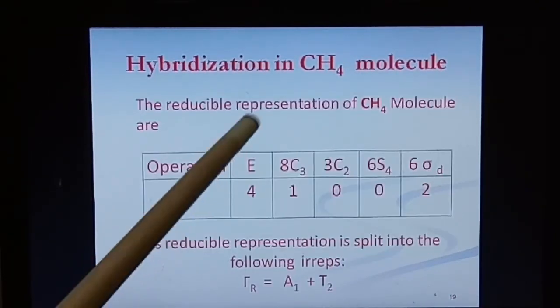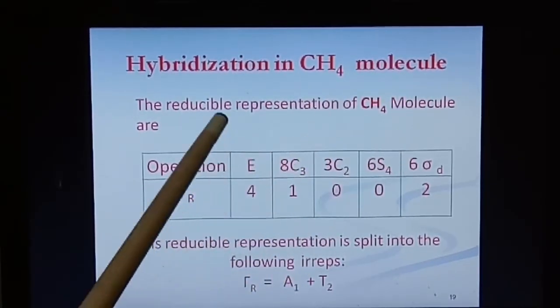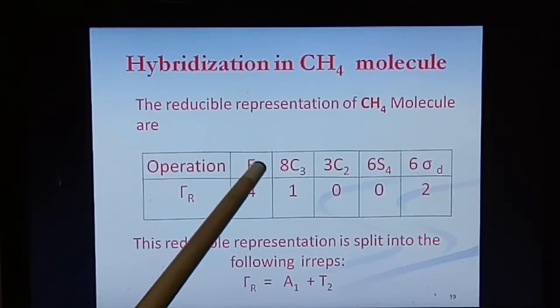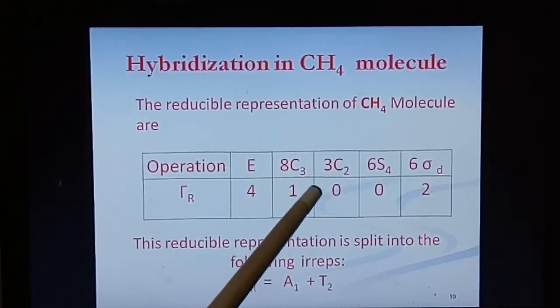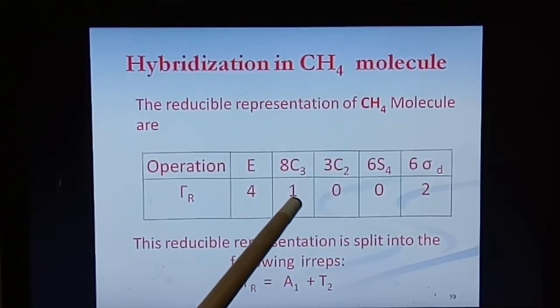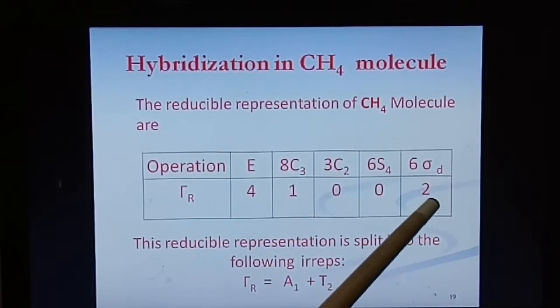Now the reducible representation of the CH4 molecule: for the identity operation, all the 4 bonds remain in their position, so it will be 4. For C3 it will be 1, C2 will be 0, S4 will be 0, σd will be 2.